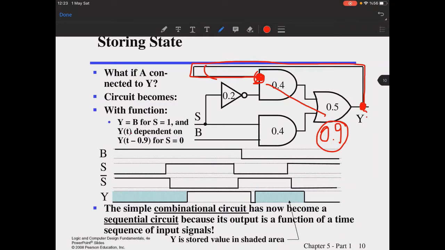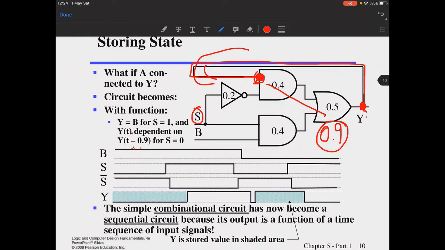So your y at t is dependent on y at t minus 0.9 nanoseconds. That's it. If of course S is 0, if this path is selected, of course.